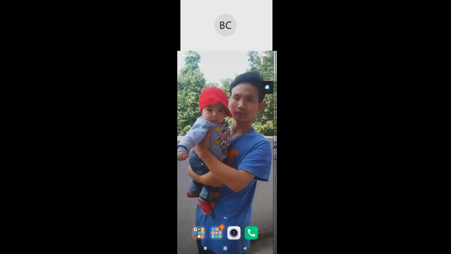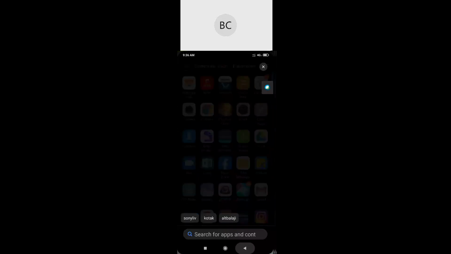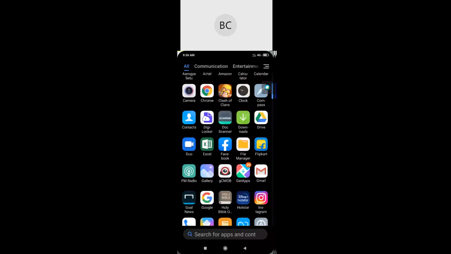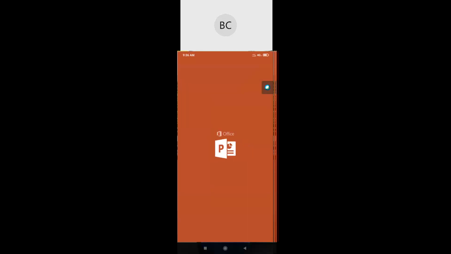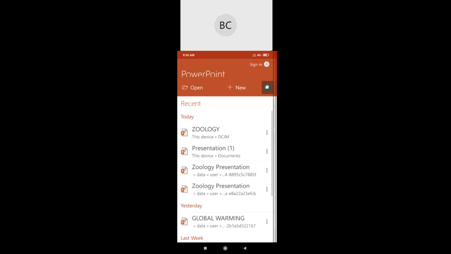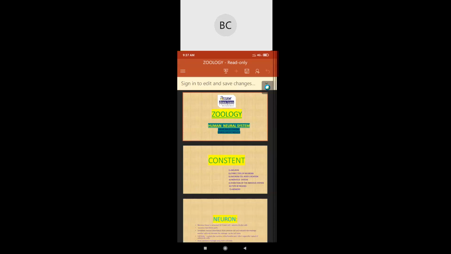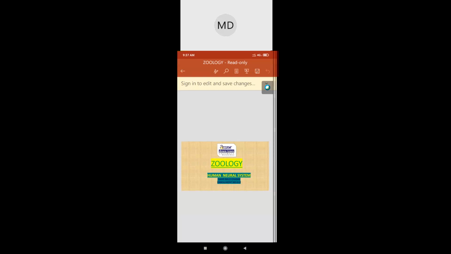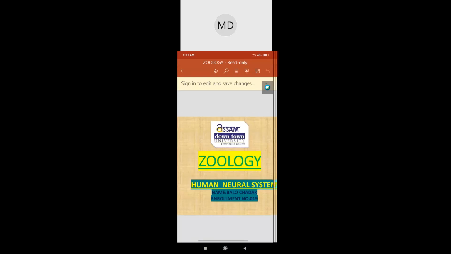Ma'am, can you see my screen? Yes, it is loading. Is it visible, ma'am? Yes. Please make it full screen. No, no, you can press that one.